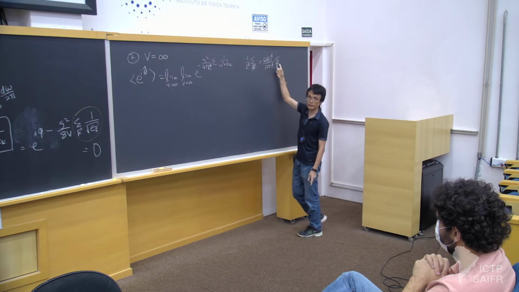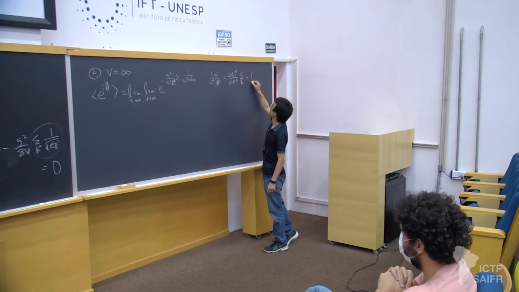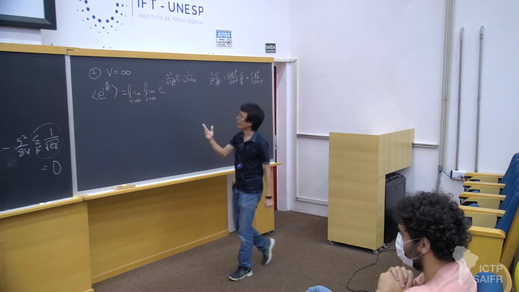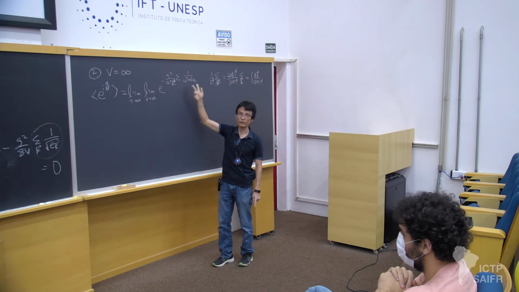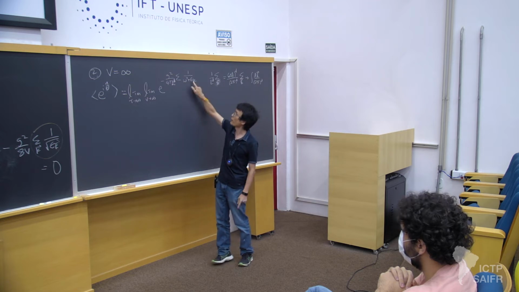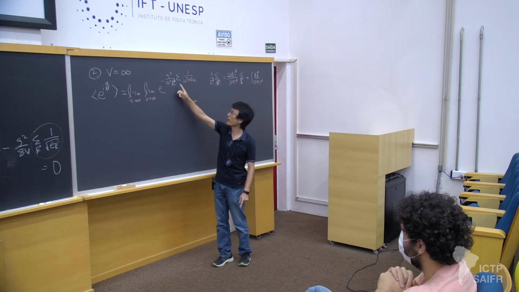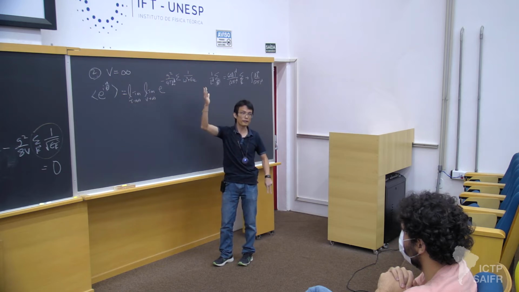And again, this can be turned into integration over momentum. Okay? But when you turn this kind of expression into integration, you have to be careful about the point where the integrand blows up. Right? So in principle, at k equals 0, it can be dangerous if the integrand is infinite, right?